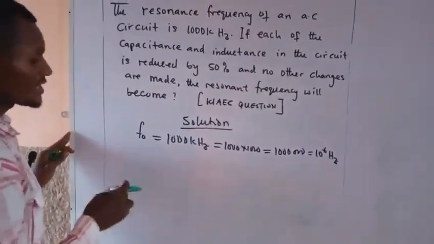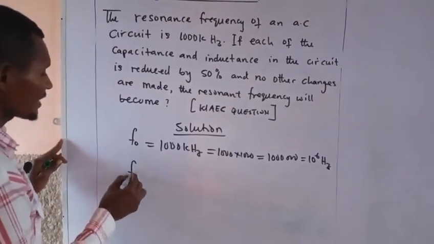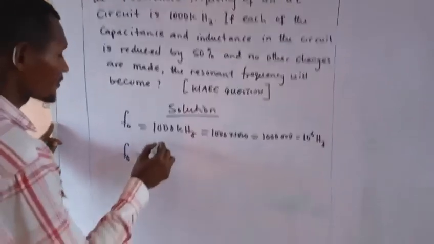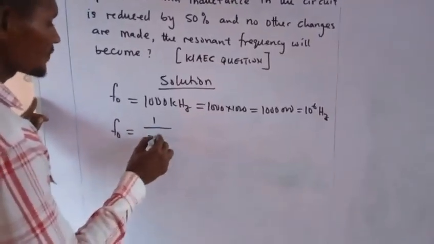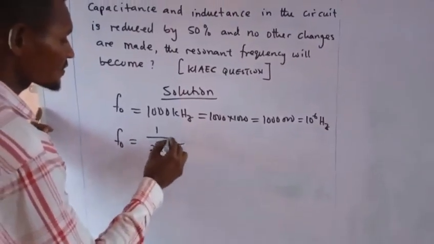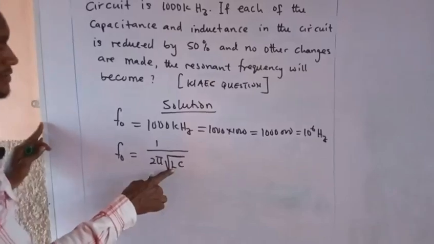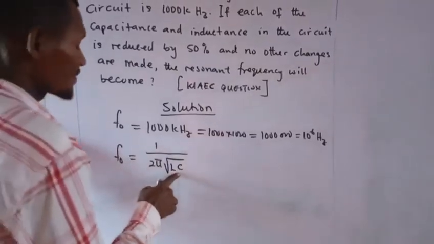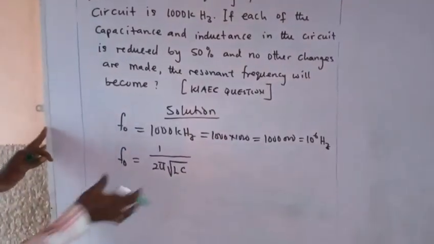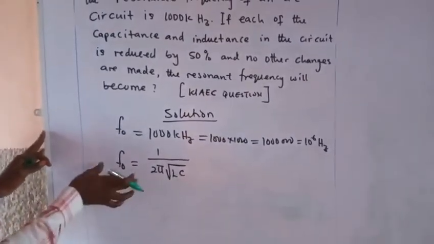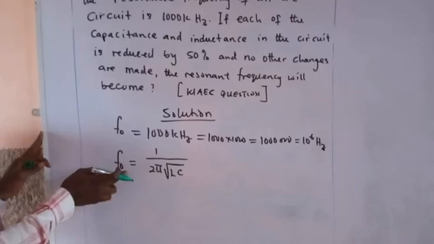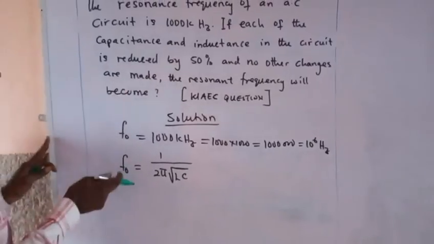Now the formula for finding resonance frequency: F0 is equal to 1 over 2 pi the square root of LC. That is the inductor times the capacitor. Now in this expression, we are given the resonance frequency.